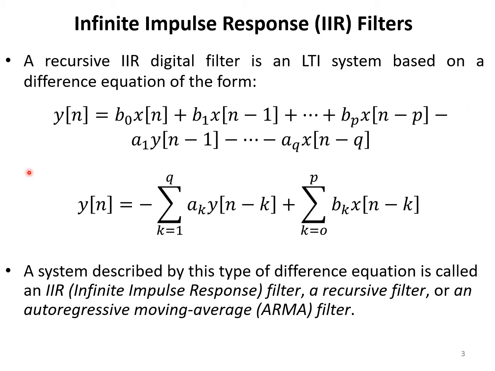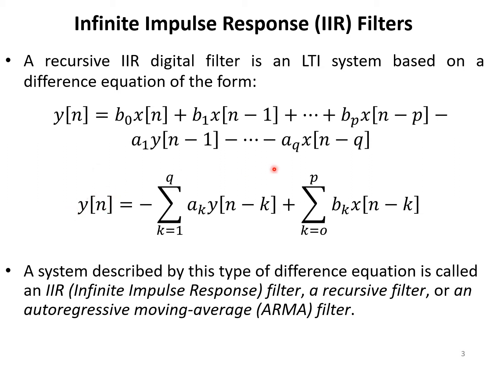This is exactly the same equation if we ignore output terms, which would make it the equation of a FIR filter, because in a FIR filter there is no feedback, and in an IIR filter there is feedback. So they are represented by a difference equation having input terms and output terms. The output in an IIR filter is basically a linear combination of input and output terms.